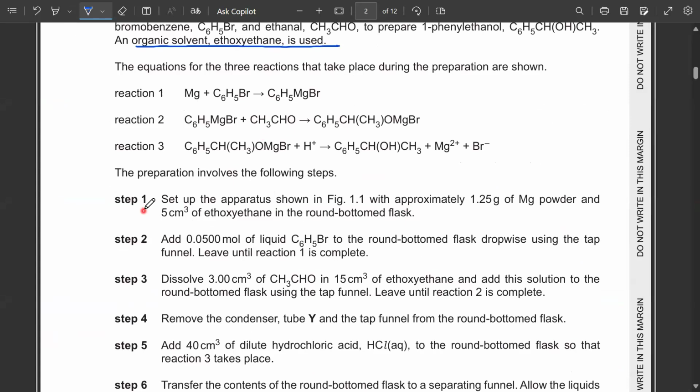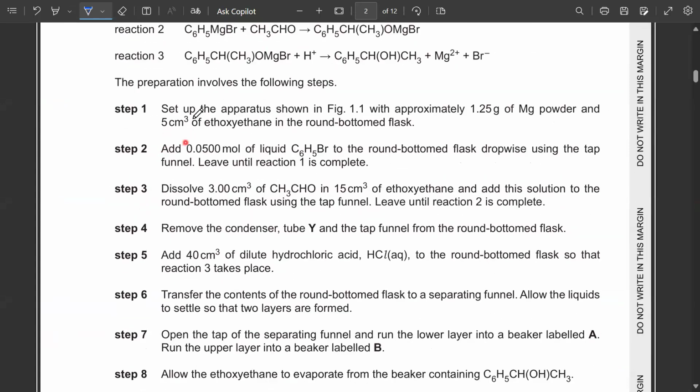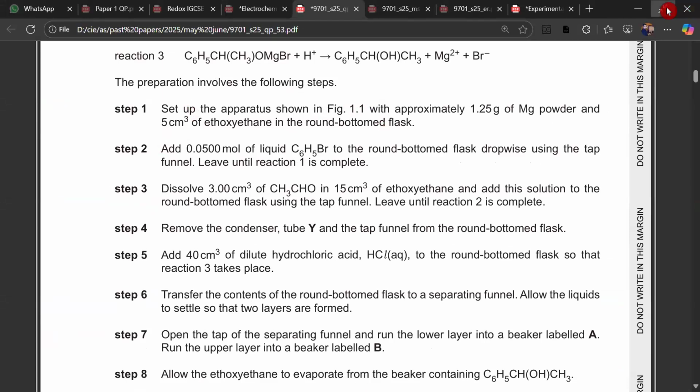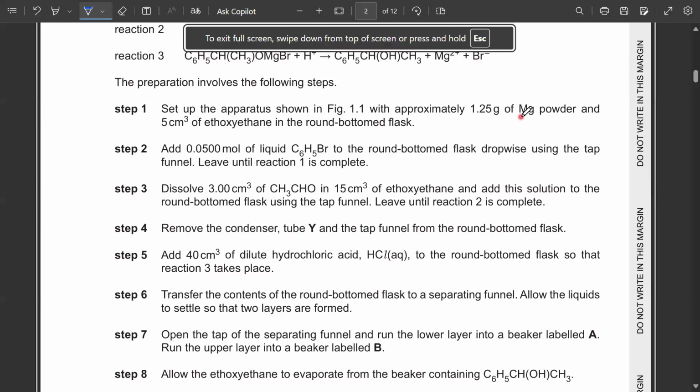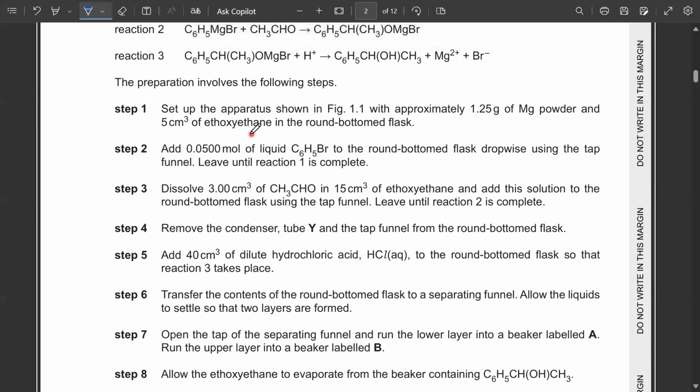So if we look at the step set startup apparatus shown in figure 1.1, with approximately 1.25 gram of magnesium powder and 5 cm cube of ethoxyethane in the round bottom flask.